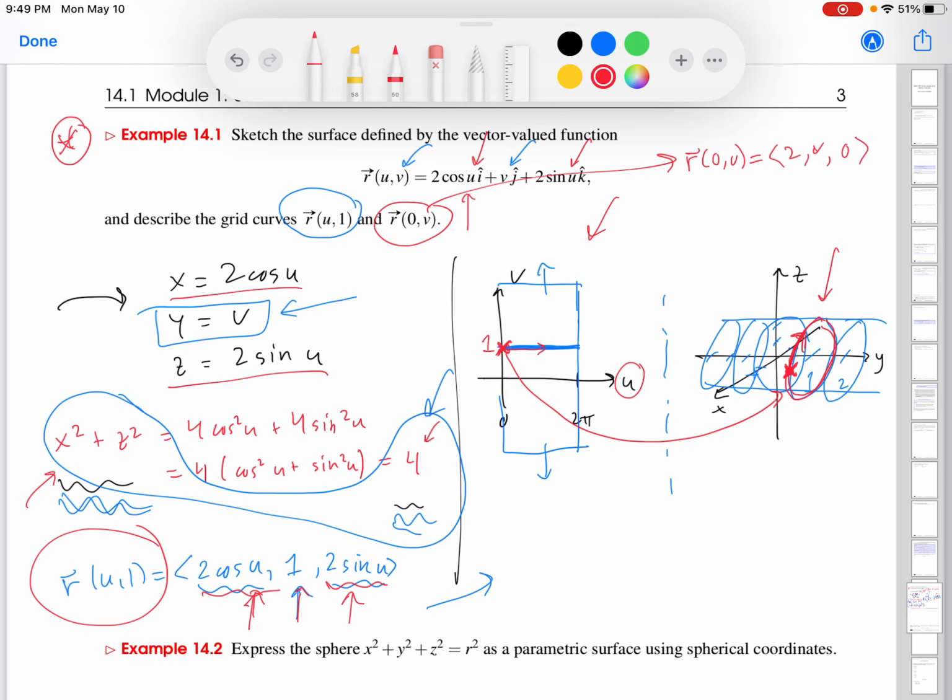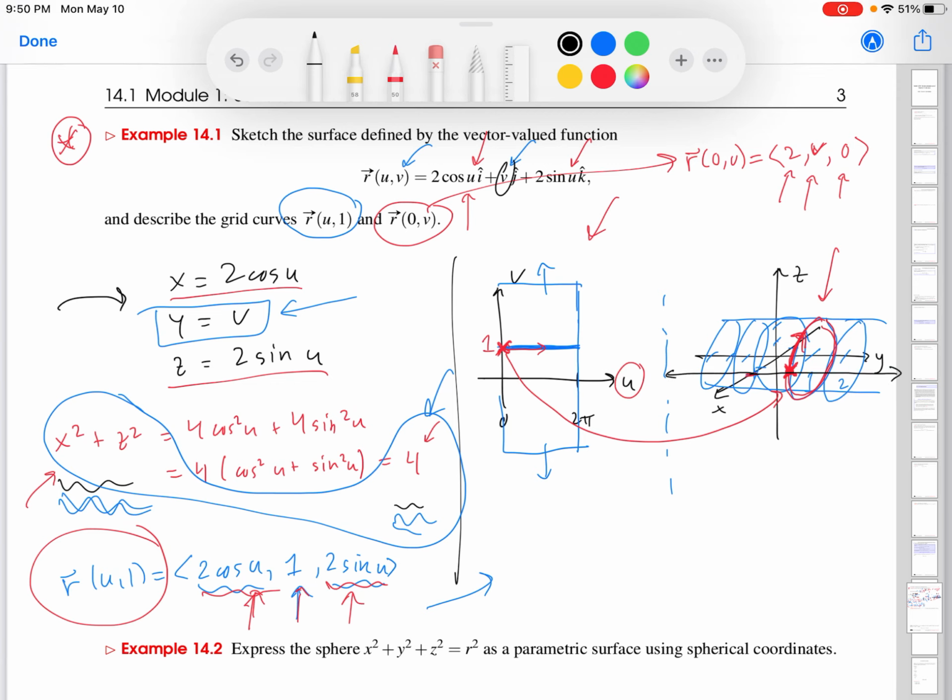So I get 2, v, 0. Okay, so what does this curve look like? Well, it always has x equals 2, always has z equals 0. So I am over here. This is x equals 2, z equals 0. And then v just is varying. So v here is the y value. So v is just varying. So it goes back and forth that way.